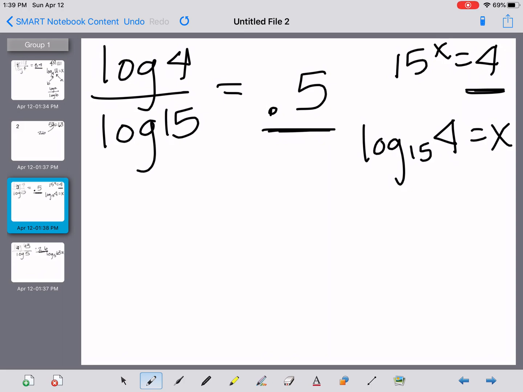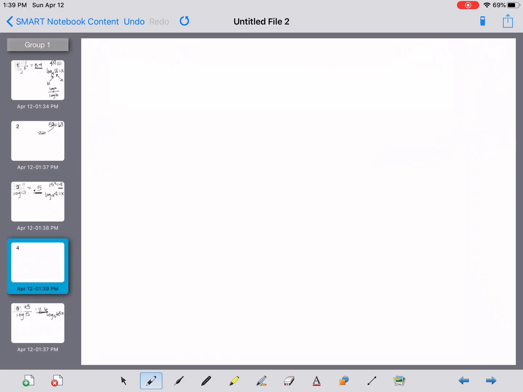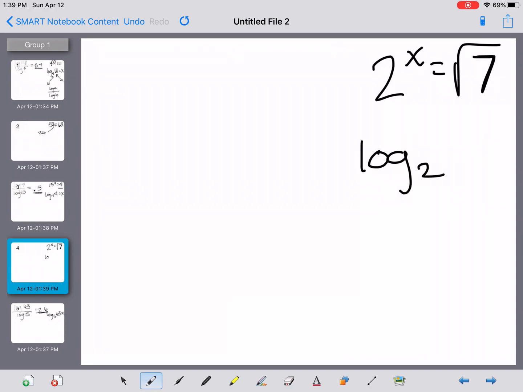Okay, last one, and I'll make it as weird as I can. Let's say 2 to the x equals, and let's put a radical in there, root 7, which again would just mean it's log base 2 of root 7. Pause the video, see if you can do it, and then we'll see what we get.